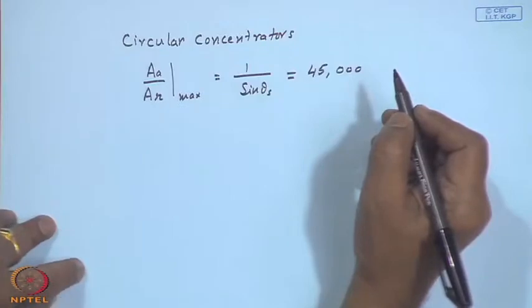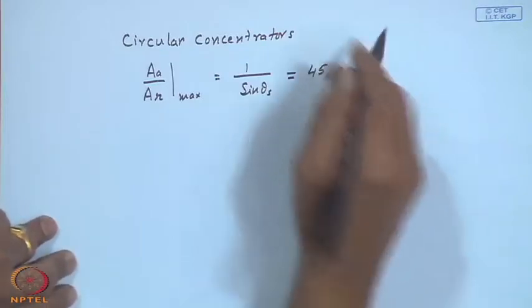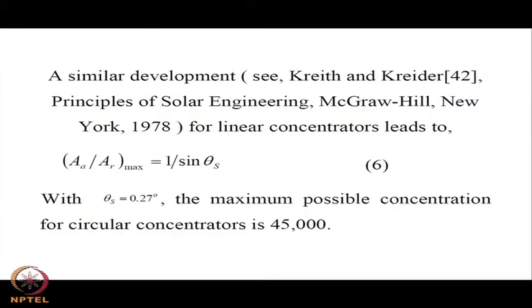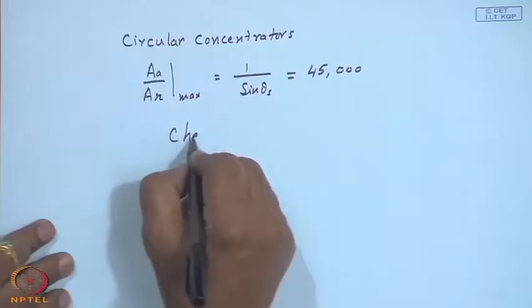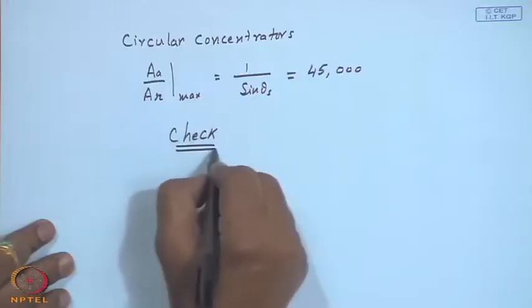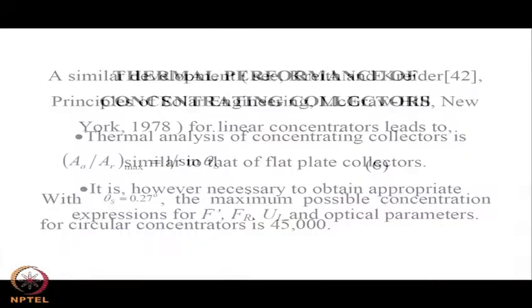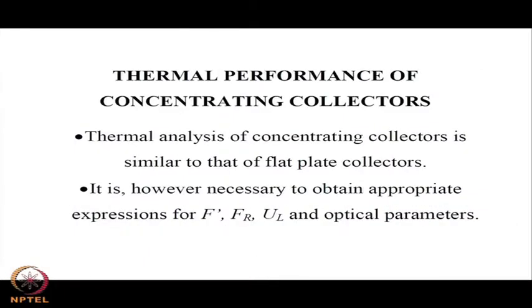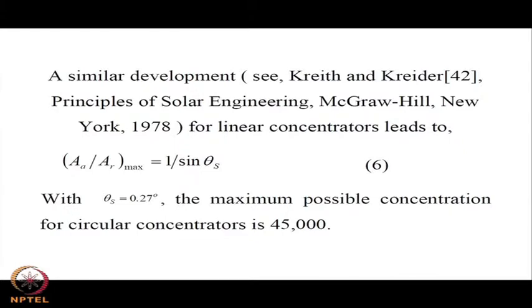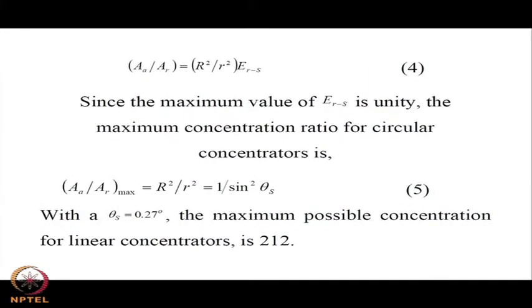Okay. I will just check these values in the next class. Because I think somewhere these linear and circular concentrators are confusing. I will just check up these numbers.